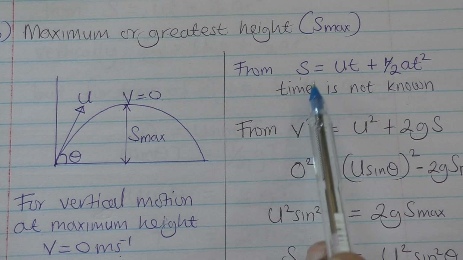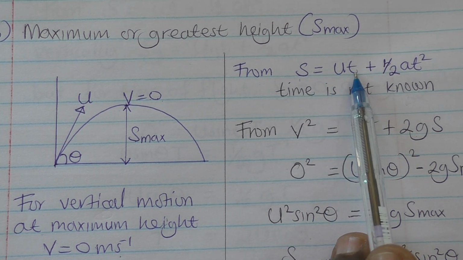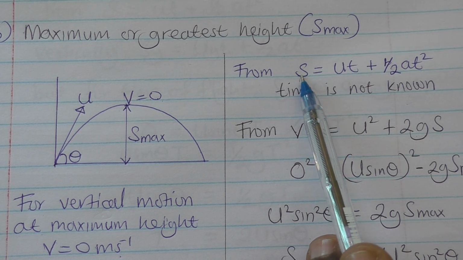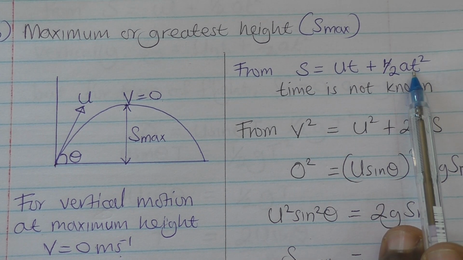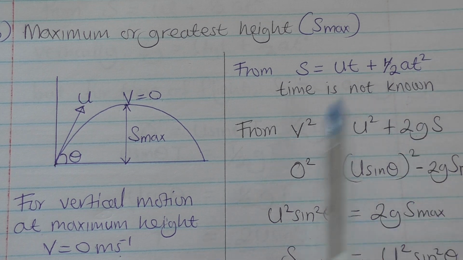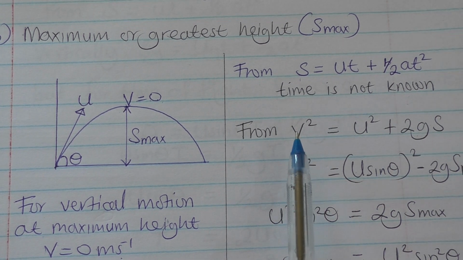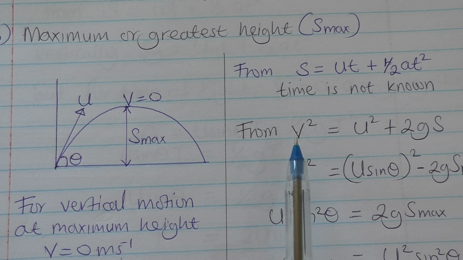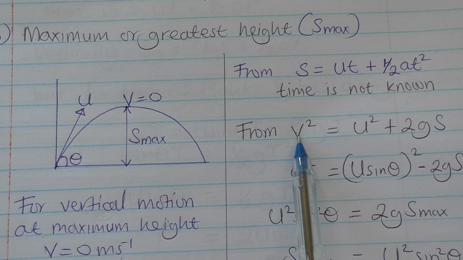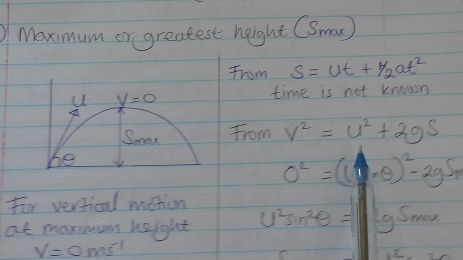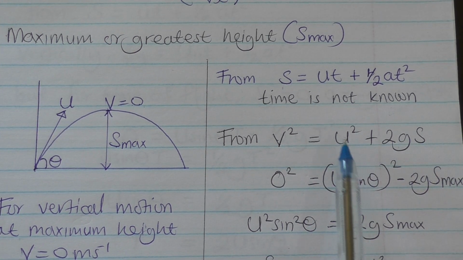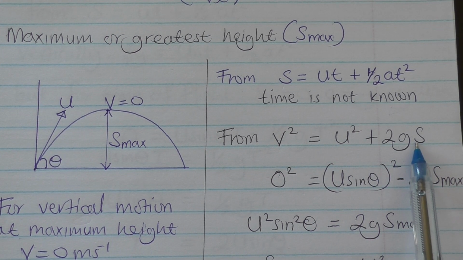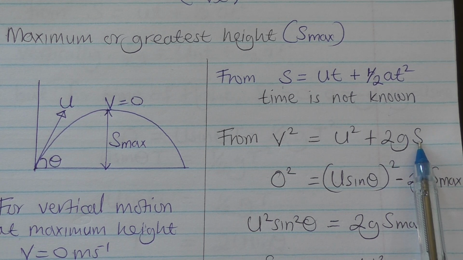So we cannot use the second equation to attain S, since we don't know the time at that point. Therefore, the best equation to use is the third equation, where we have v as 0, we have u, we have g, and we want S.